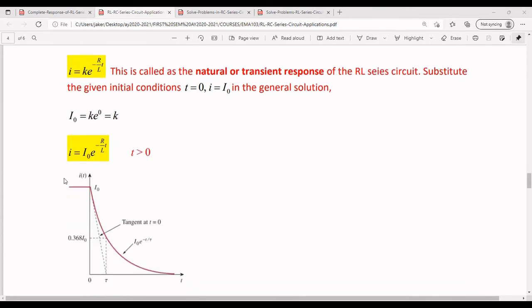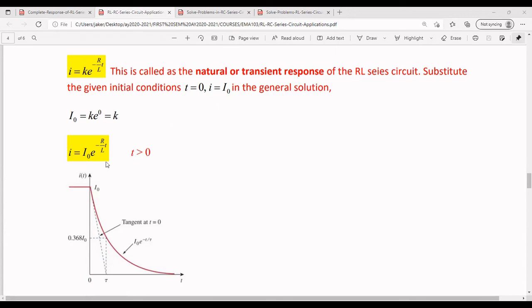So this highlighted formula is more specific than the one provided on top because all you have to do, class, is just plug in the initial current that is given by the problem. And then whatever is the given resistance and inductance, you also substitute it in here. Given the time, you will be able to determine the natural or transient response of your circuit.